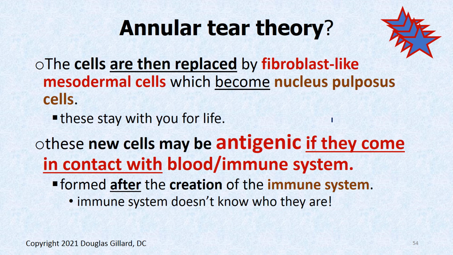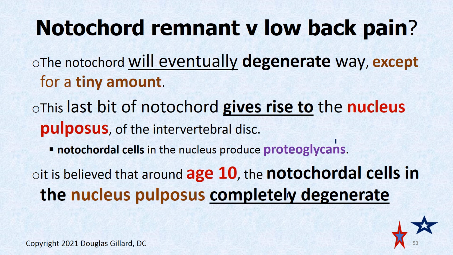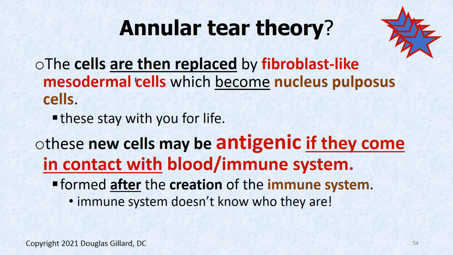But after the age of 10, those cells completely degenerate away, and a new population of cells springs up. They're not perfectly fibroblasts, but they're similar to a fibroblast cell. So at about 10, you get a new population of cells.